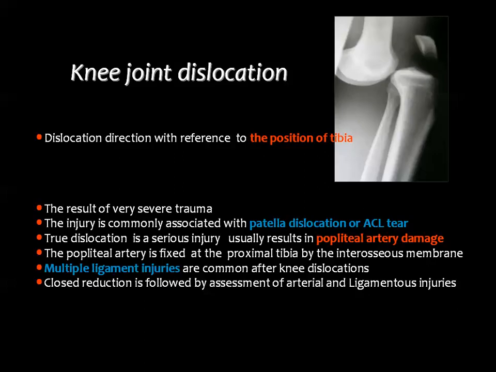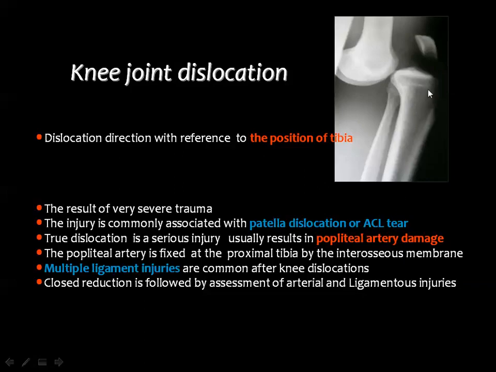If the tibia is displaced anteriorly, this is anterior dislocation; if posteriorly, this is posterior dislocation; and you may have some multi-directional displacement, meaning that the tibia may be displaced posteriorly and medially or anteriorly and laterally and so on.